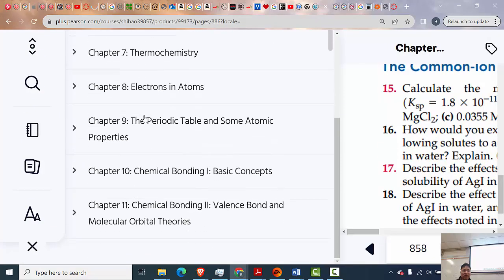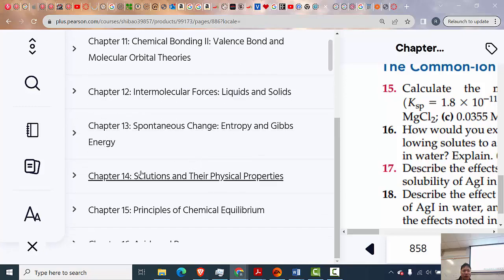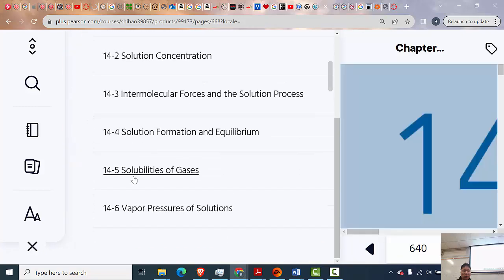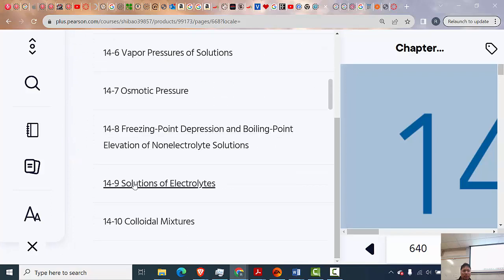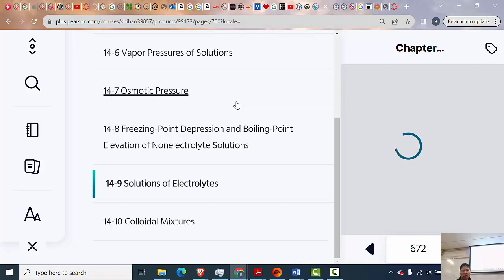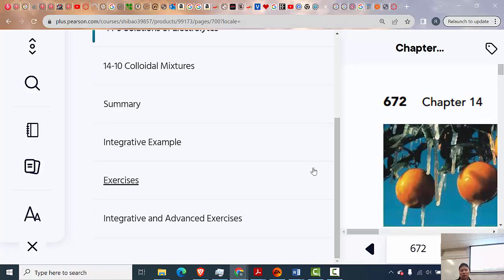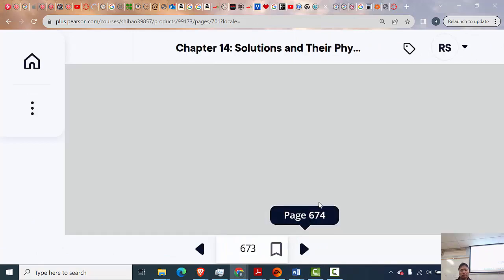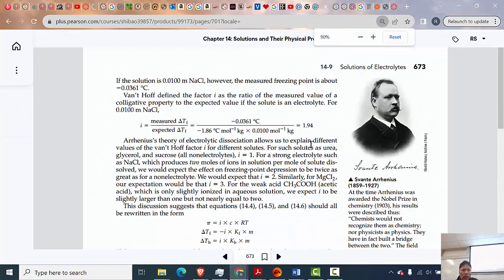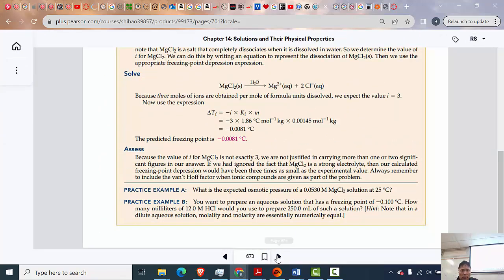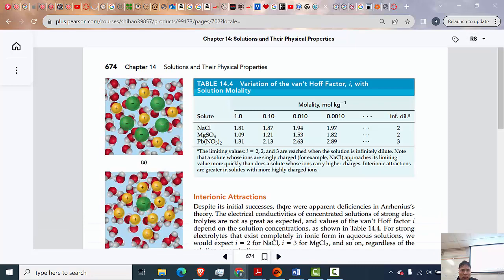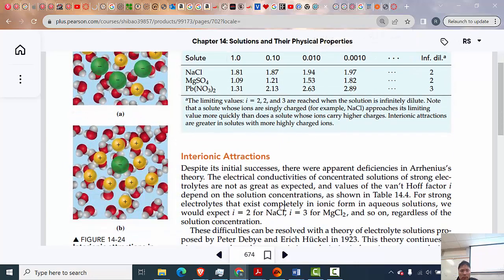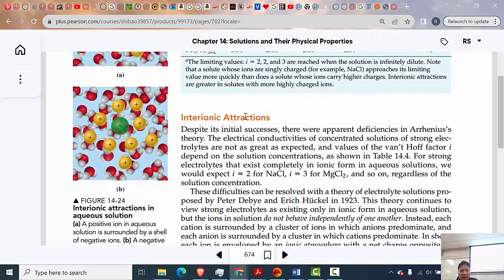To understand the uncommon ion effect, we have to go back to chapter 14. And let's take a look at this here. This is a couple of paragraphs.